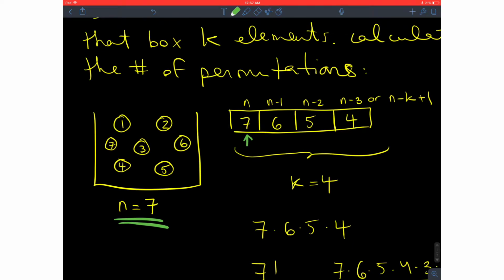So the first prize went to some guy, doesn't matter, or girl. Now the second prize can go to one of the 6 remaining people, and so on and so forth.